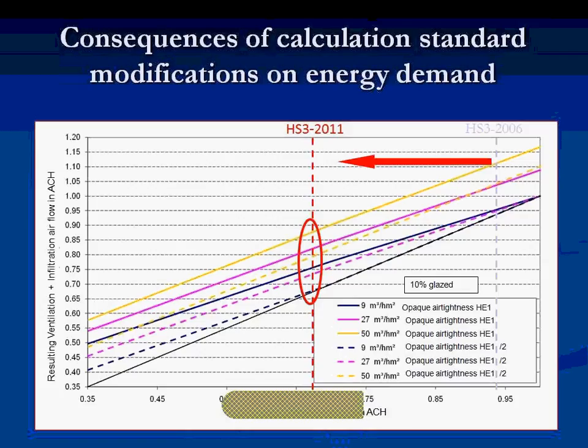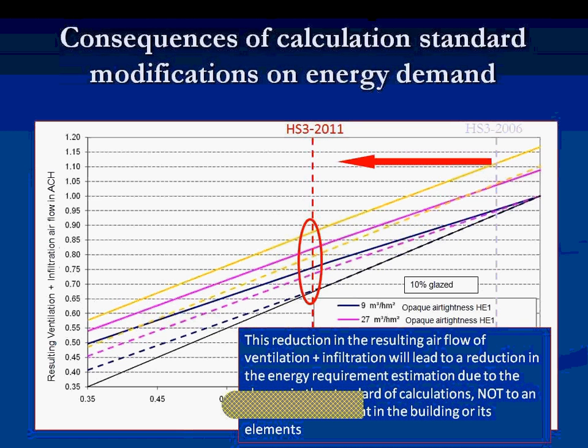But we don't expect this to be so important as to change the rating of a building, because, as you know, lots of other things are taken into account in certification. So we have made our tests, and we don't think this is going to change the overall certification of the building in this aspect.